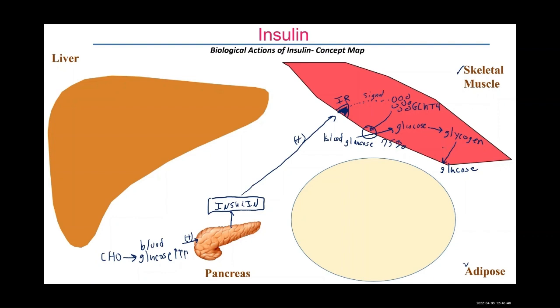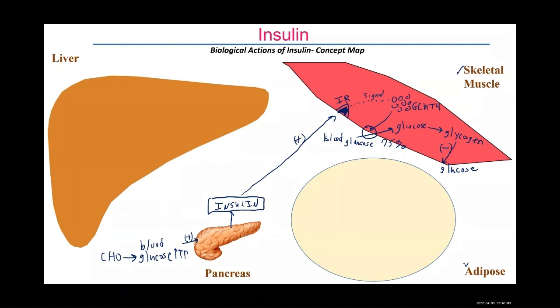So insulin is going to inhibit this. Okay, so it's going to prevent that from happening, which is good because again, if our blood glucose levels are already high, we don't want it to go higher, right? So insulin is going to ensure that. Right, so that pretty much takes care of the skeletal muscle in terms of what's considered normal.